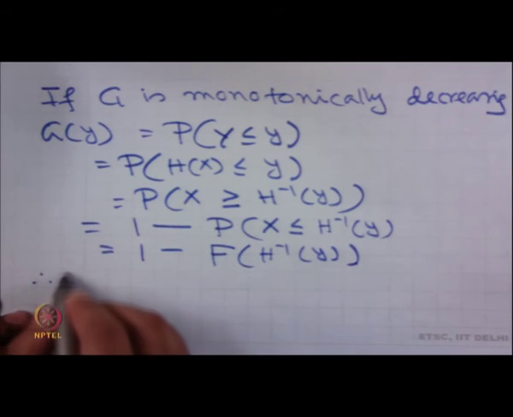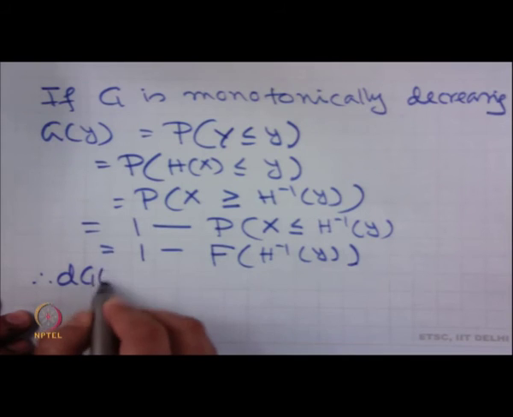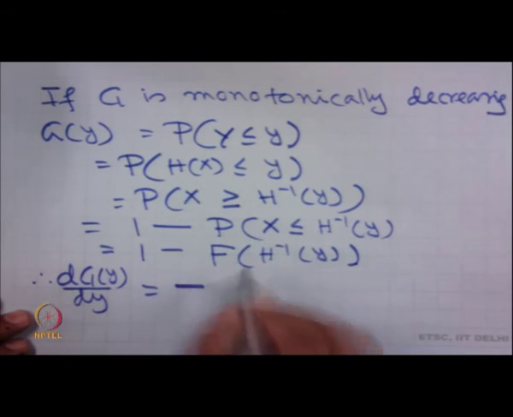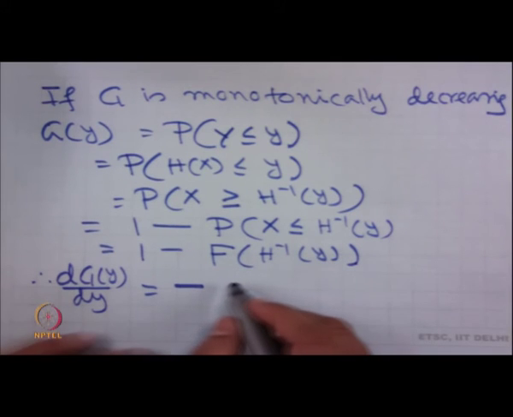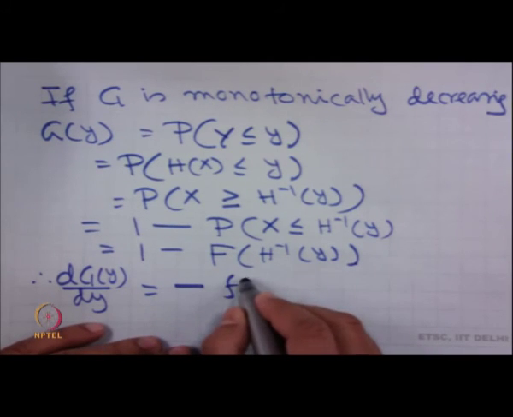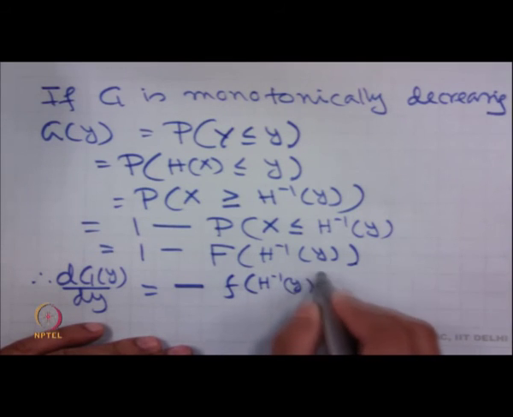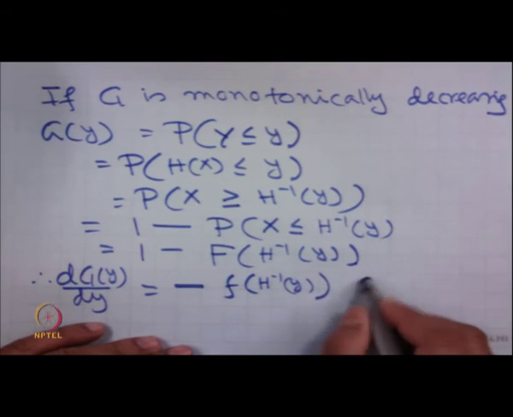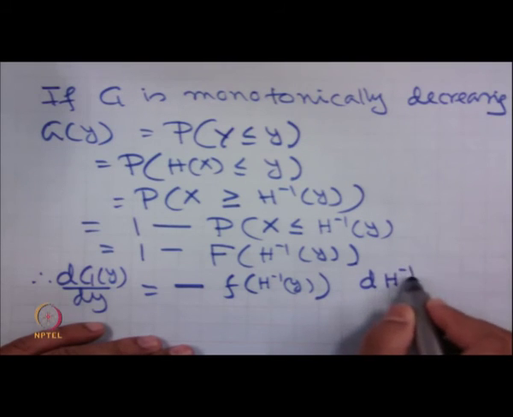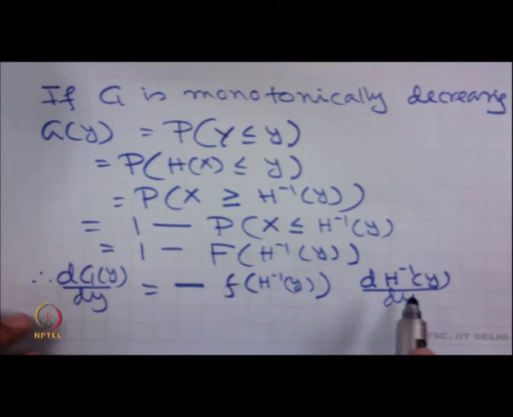Therefore, d g y dy is equal to minus f at h inverse y into d h inverse y dy, and we know that if it is a decreasing function, then this derivative is going to be negative.